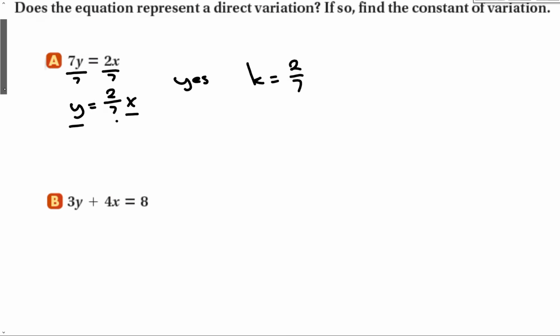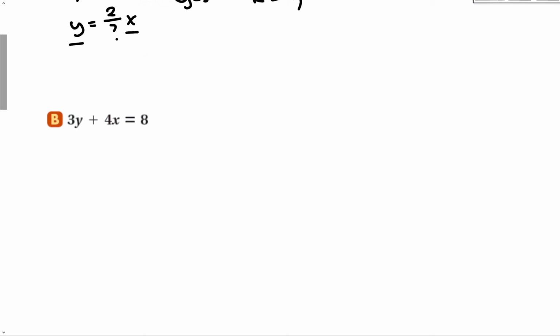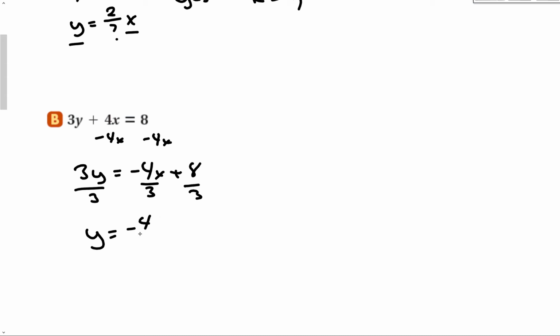Now for part B, we subtract 4x from both sides, and I have 3y is equal to negative 4x plus 8. Dividing everything by 3 gives us y by itself, but that gives me negative 4 over 3 x plus 8 over 3.